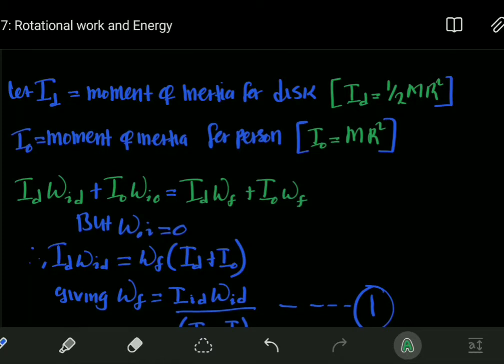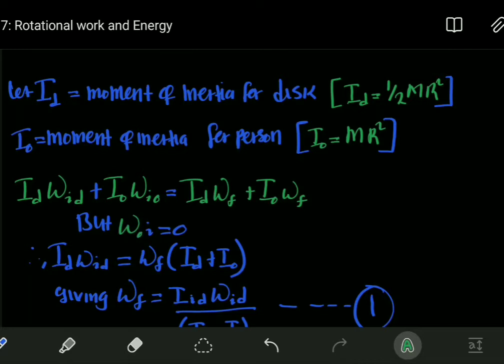Okay, so we have I_d omega initial d plus I naught omega initial naught equals the finals of this, just like linear momentum, except in this case we are expressing it differently. We're using I and omega.